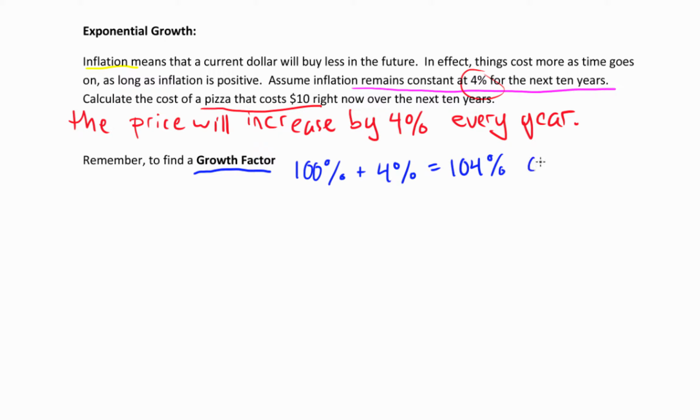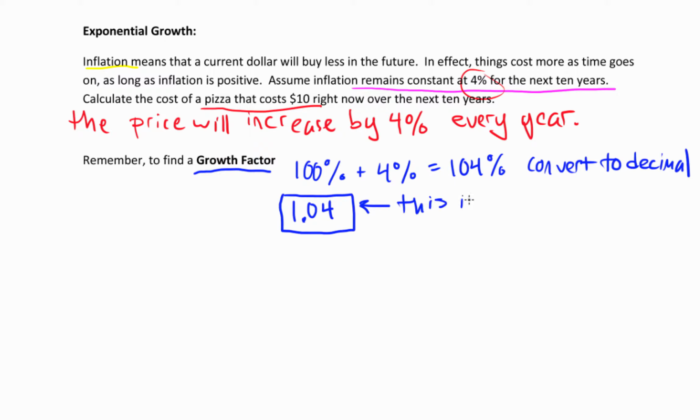And then I'm going to convert to a decimal, and I get 1.04. Now this is the growth factor that corresponds to a 4% increase.